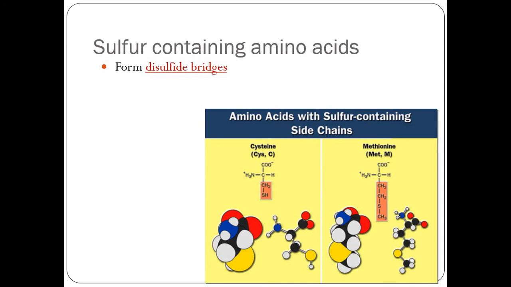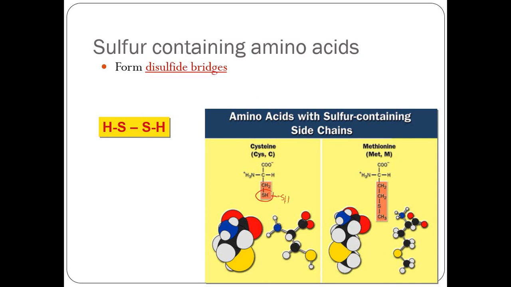As you notice, we have two sulfur-containing amino acids. We have methionine, which is non-polar, and cysteine, which is polar. These could form disulfide bridges. This SH here could bond with another one. The H is removed through dehydration, and then it could form another S. That's why it's called a disulfide bridge.